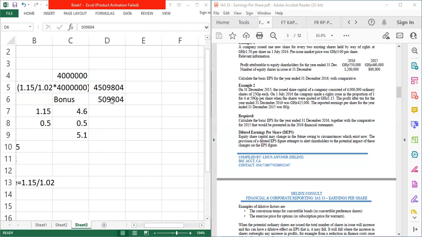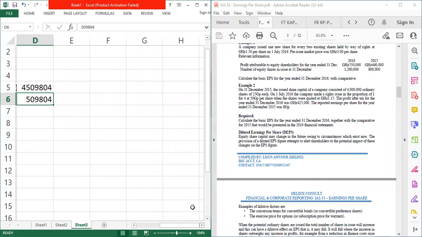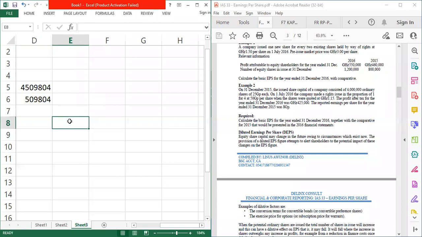This is the bonus issue, isn't it? Yes. So let's now come to the right issue. What will be the actual shares that we'll be getting from the right issue? So let's calculate our workings now.